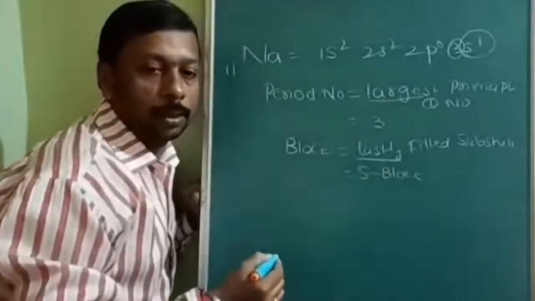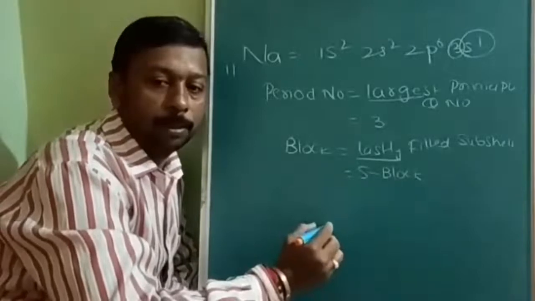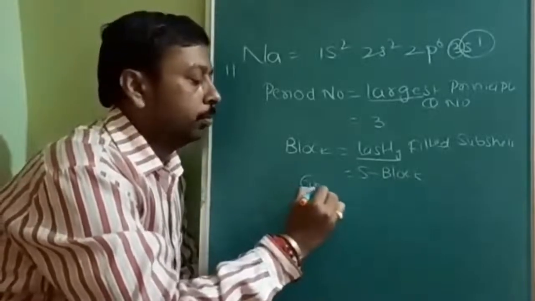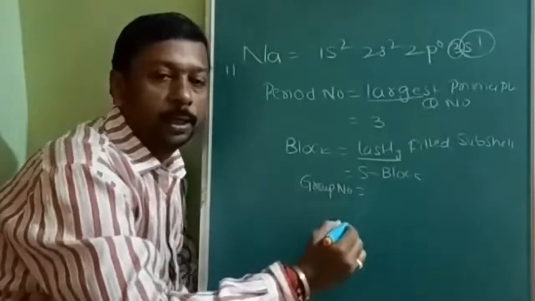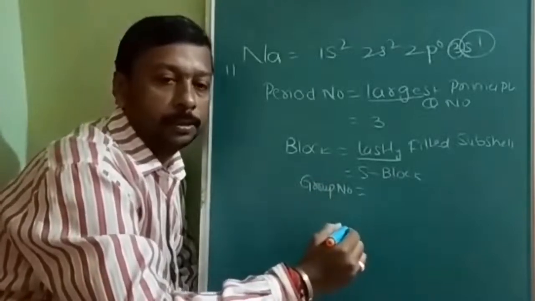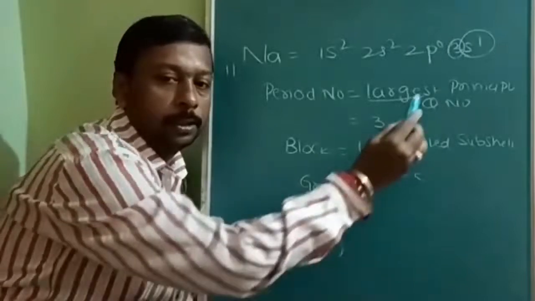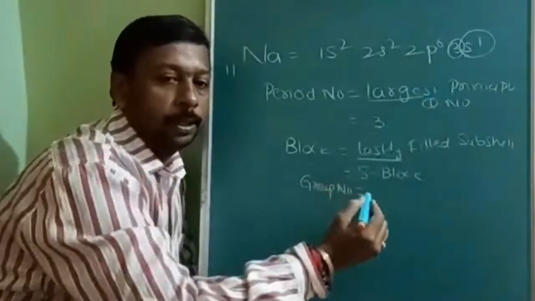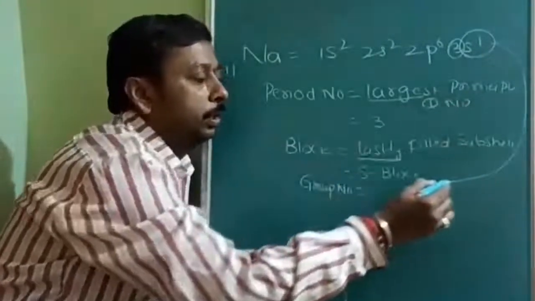Okay. So once you know the block, only then will you be able to find the group number. For the group number of S block, it is simply the number of electrons in the nth shell. What is the answer? Here the nth shell is what? 3. So the number of electrons in the nth shell is 1.